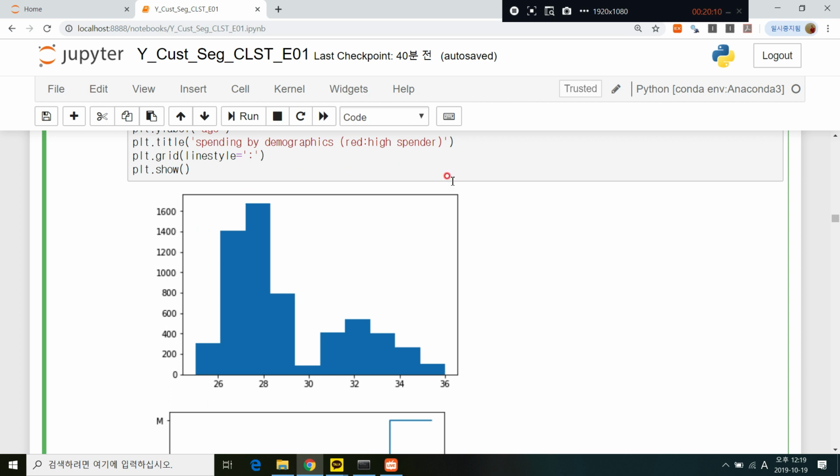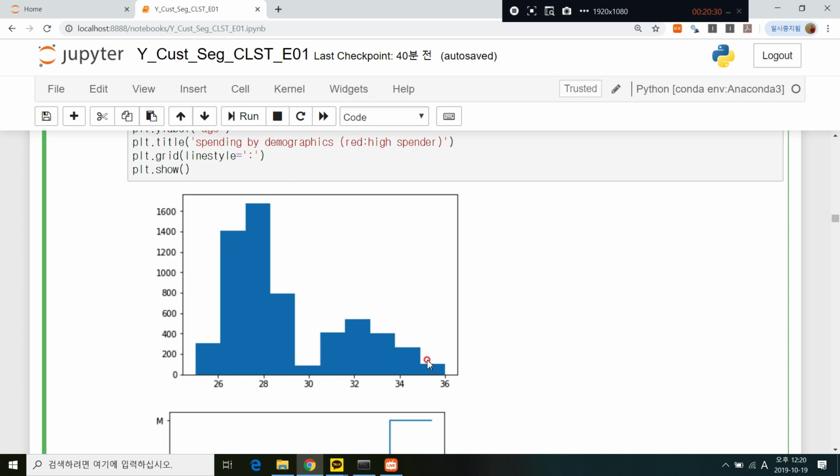take a look at this histogram. The majority of the customers are quite young, huh? Between 26 and 28, this shows the peak.